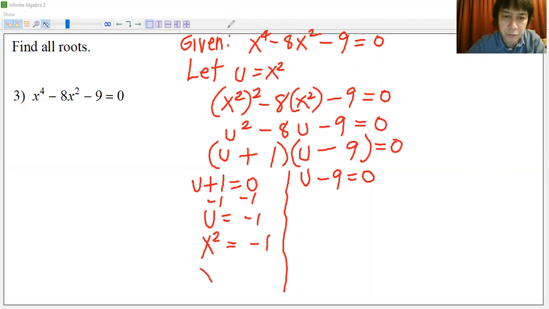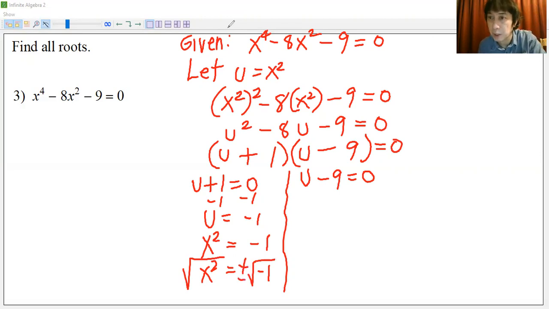Extracting the square root of both sides, square root of negative 1, plus or minus. So square root of negative 1 is imaginary. So that's i. So x is plus or minus i.